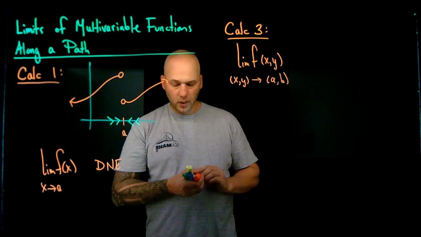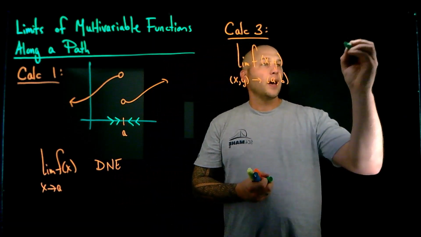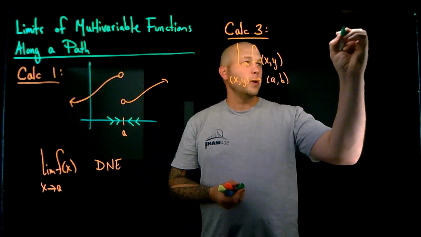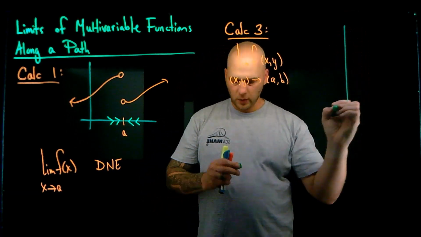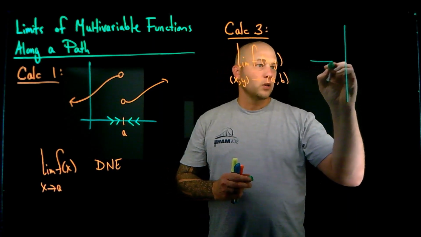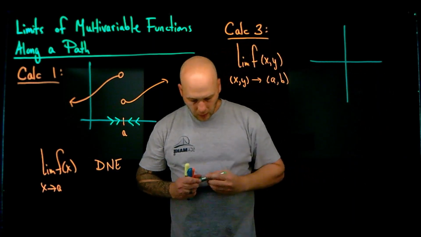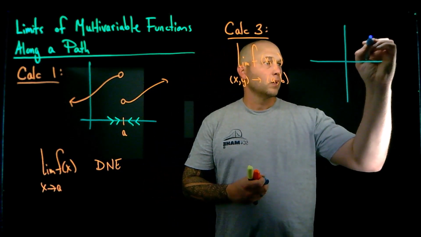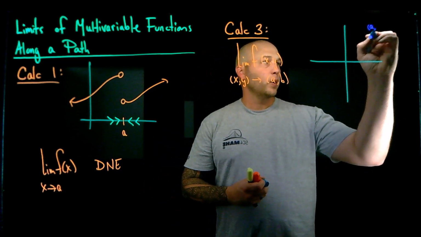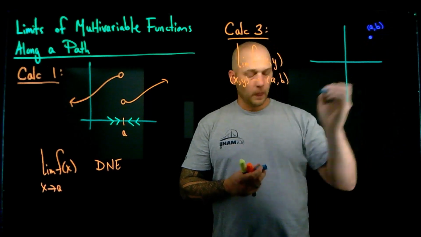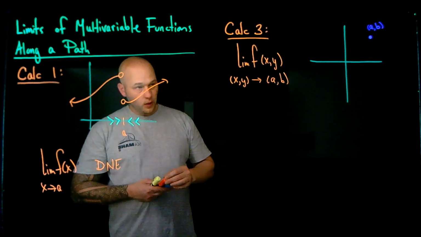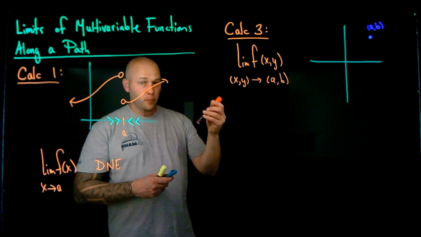Well, let's get a picture. All right, so let's say (a, b) is some point over here. So this is my ordered pair (a, b). How can the ordered pair inputs (x, y) approach that?